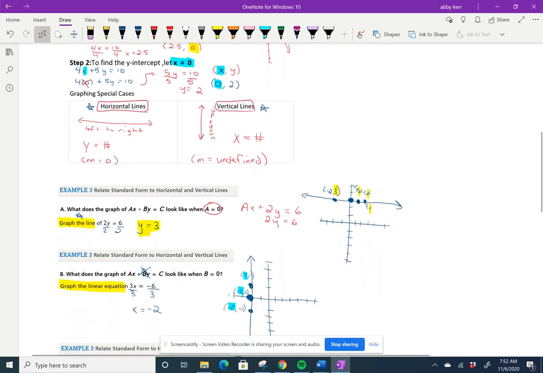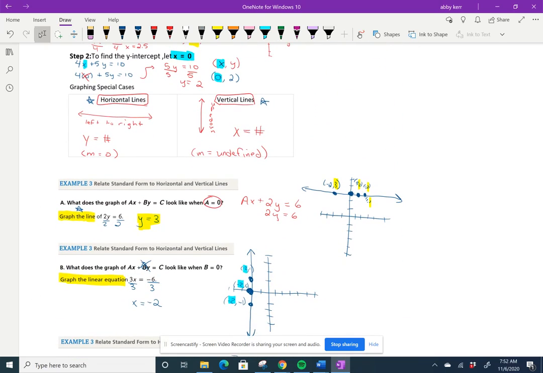And then we learned about the special cases, the horizontal and vertical lines. Horizontal goes from left to right, and you're always going to be left with y equals a number. That's going to be the equation. And then your vertical line is going to be your up and down line when x equals a number.